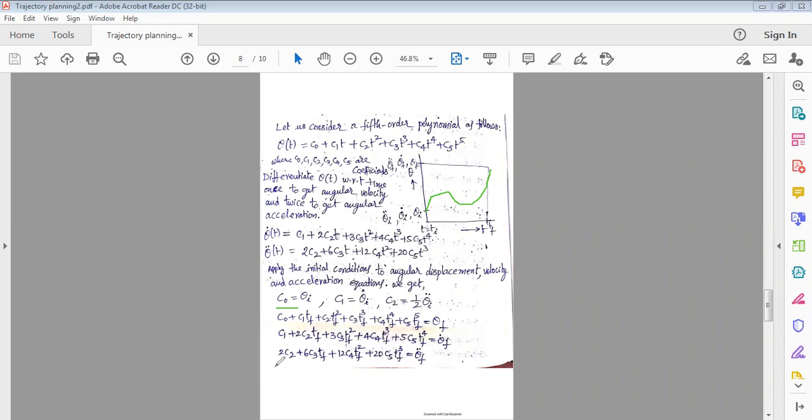So you apply a similar procedure to solve these coefficients. After solving the coefficients, please substitute them in the polynomial function.